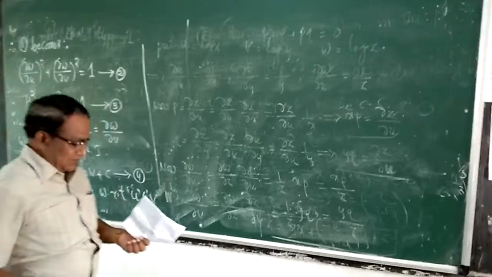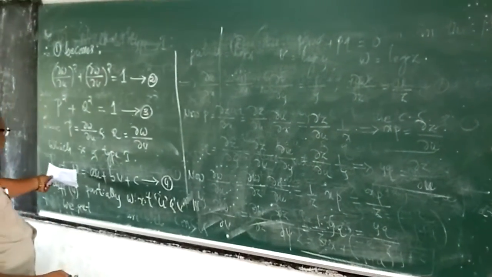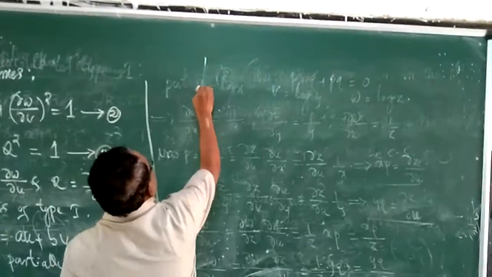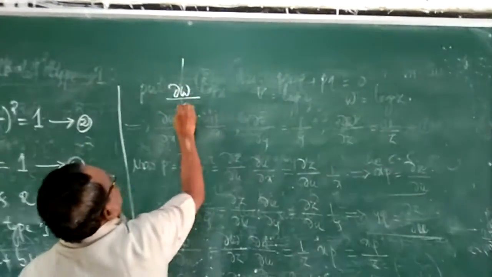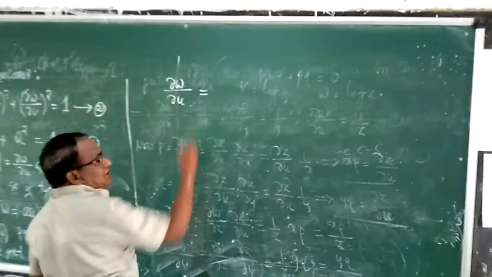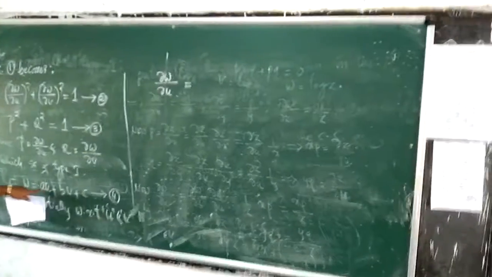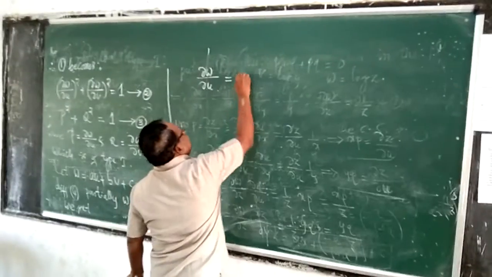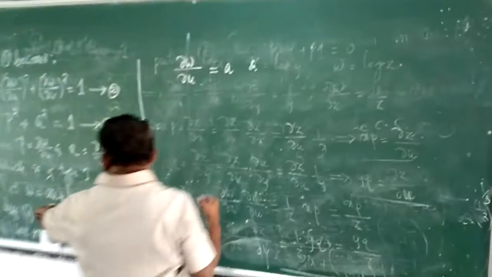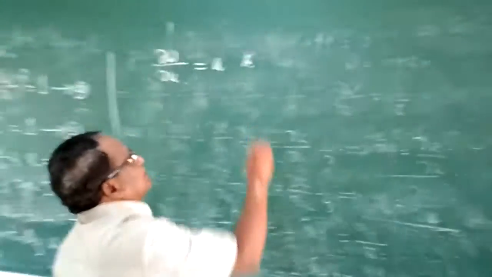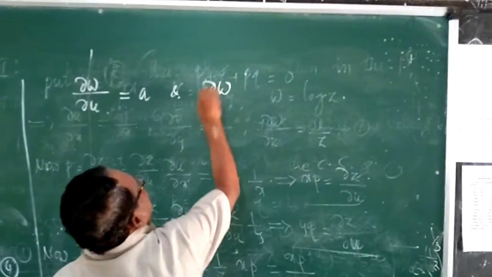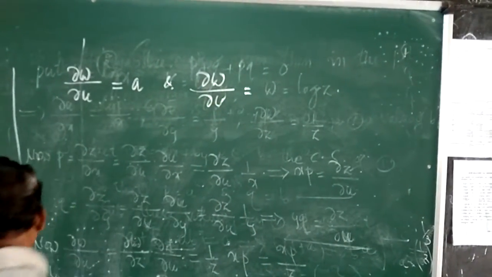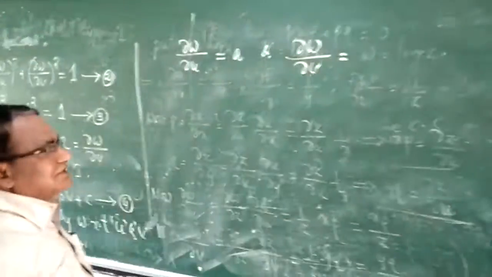Yes, partial derivative of w with respect to u is dou w by dou u is equal to partial derivative of the right hand side with respect to u, which is a. Similarly, partial derivative of w with respect to v is dou w by dou v, and here partial derivative of the right hand side is b.